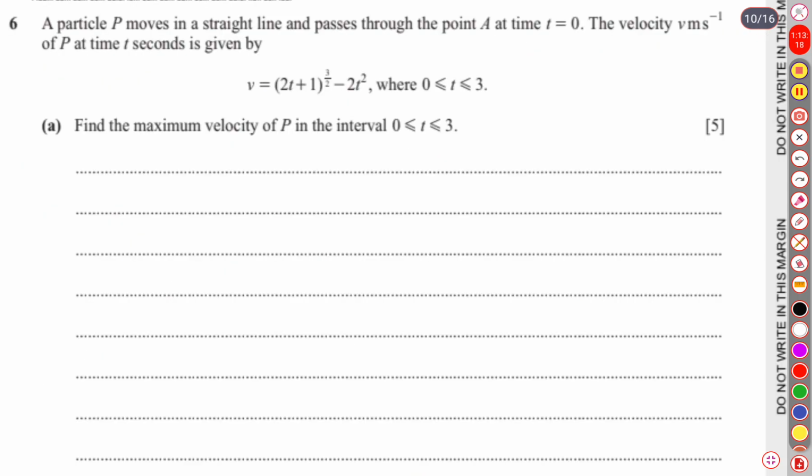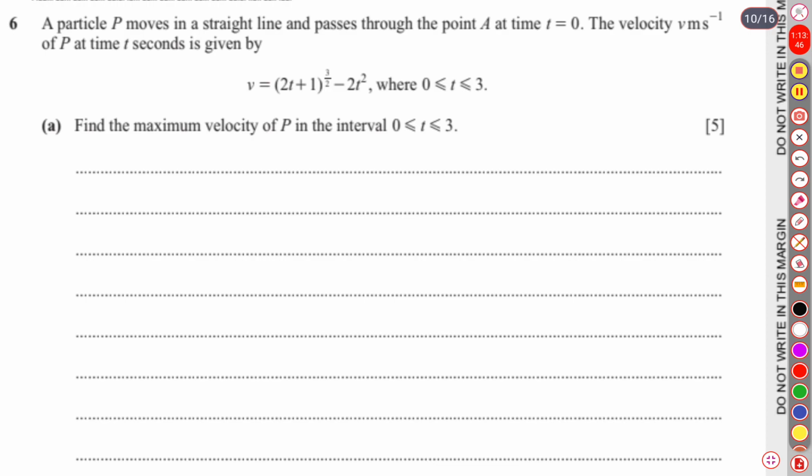Question number 6 is on kinematics. It says a particle P moves in a straight line and passes through the point A at time t equal to 0. The velocity v meters per second of P at time t seconds is given by this. Find the maximum velocity of P in the interval 0 until 3 seconds. We know that for maximum velocity, acceleration is 0.